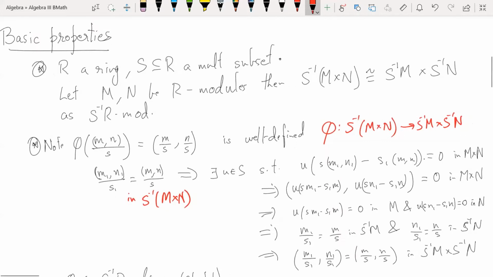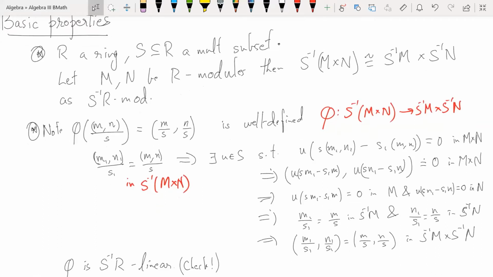So u times (s m1 over m1 comma n1 minus s1 m comma n) is 0 in M cross N. This is what it means to say that these two are in the same equivalence class.